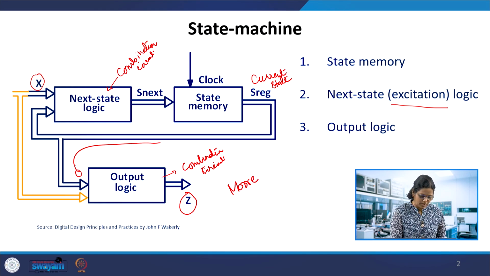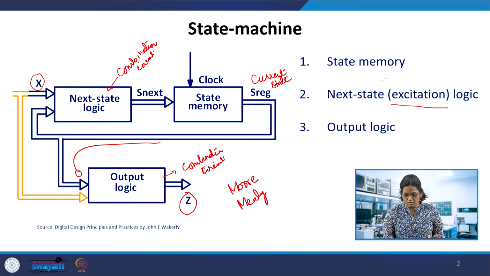If the current state and the input, the other line, also decide the output logic, then we call this state machine a Mealy machine. Moore and Mealy state machines we will do in this lecture, along with the Verilog modules for the development of the state machines.